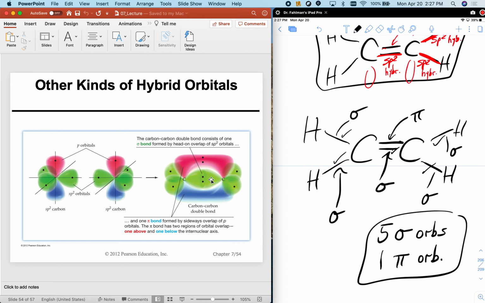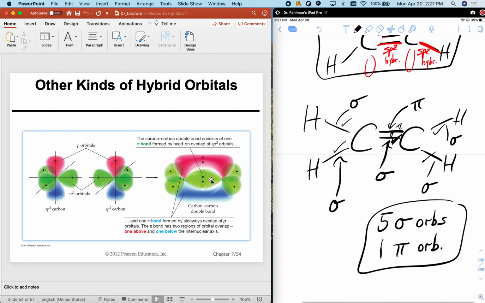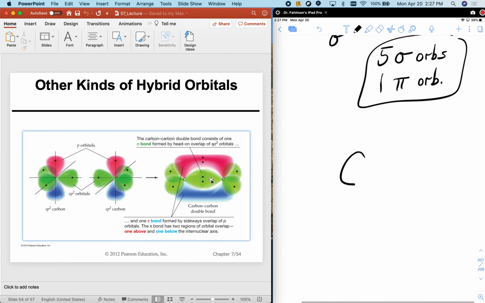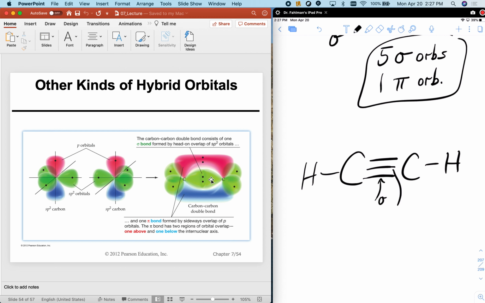So a double bond counts as one of them is sigma, and the other is pi. So in this case, if we had this molecule, you would just have one sigma.